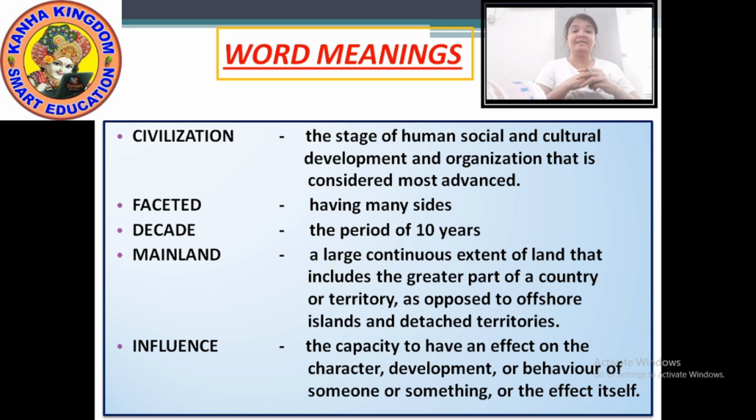Ancient cultures, ancient civilization, socially we have changed a lot. The cultures are still the same. So the stage of human, social and cultural development and organization that is considered most advanced.